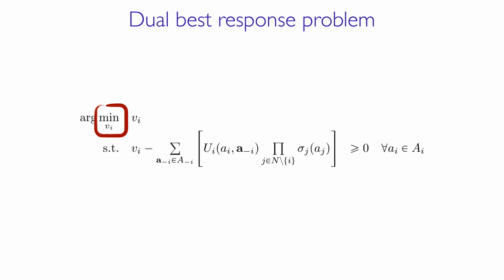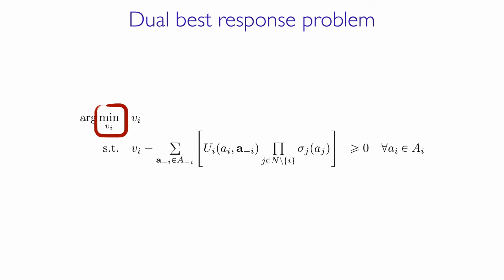The dual problem is a linear minimization problem on variable v_i. Recall that in linear programs, primal and dual problems are equivalent. However, if we combine all the dual best response problems of all the players, we obtain a combination of minimization problems that we are not able to solve.